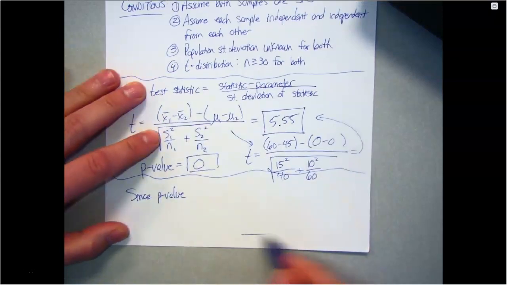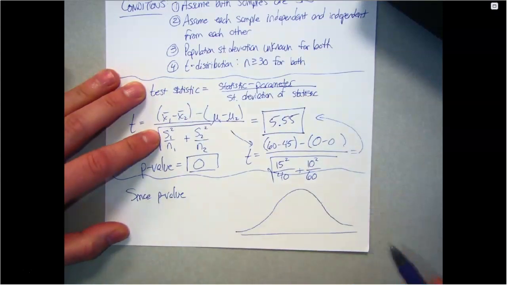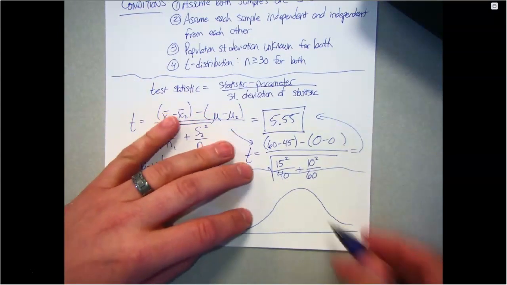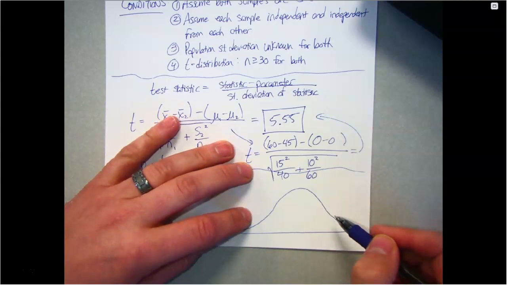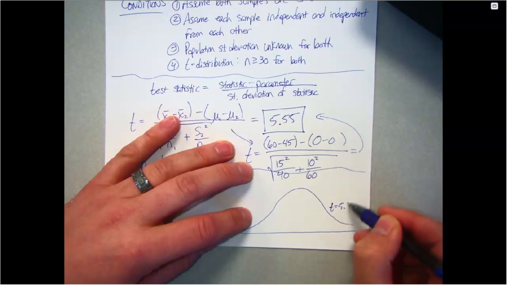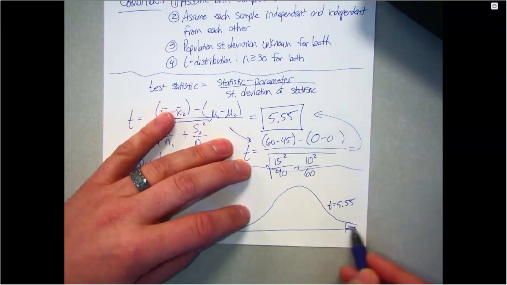So since the p-value... you do have to draw it. There's nothing to draw. I'm just going to write t equals 5, because usually you shade that, but it's literally 0.